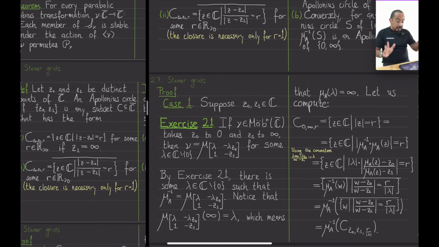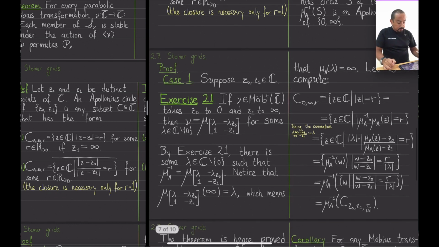But for all the other Apollonius circles of 0 and infinity, the ones where R is not the norm of lambda, I know that the entire circle is mapped to a finite circle by mu A. So for them I don't need to be especially careful. I have to be especially careful only for R equal to the norm of lambda.